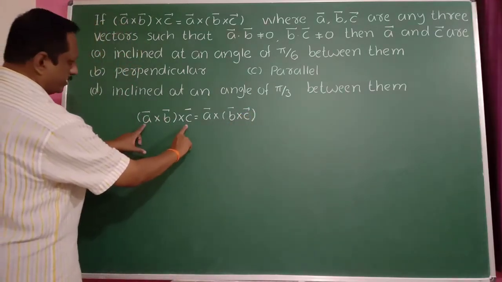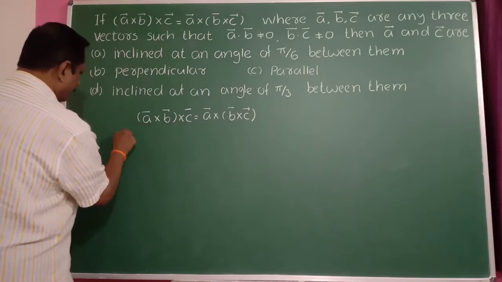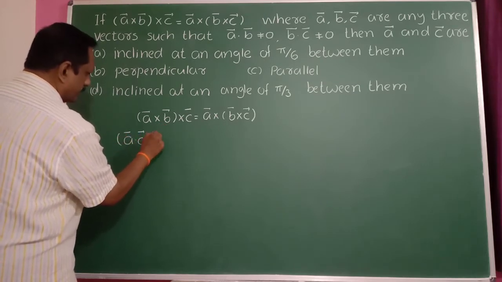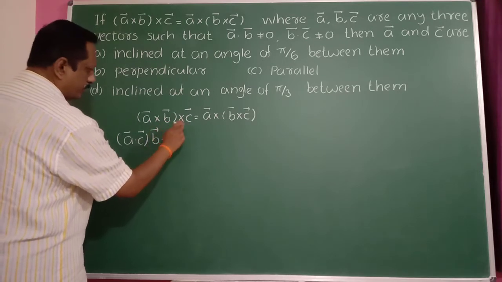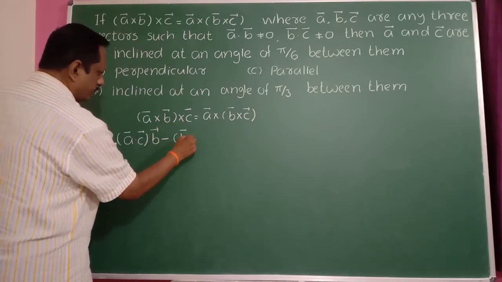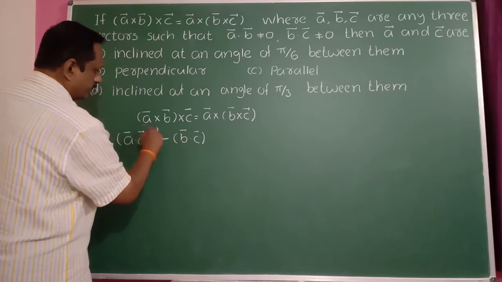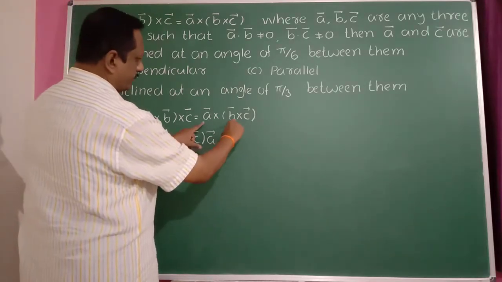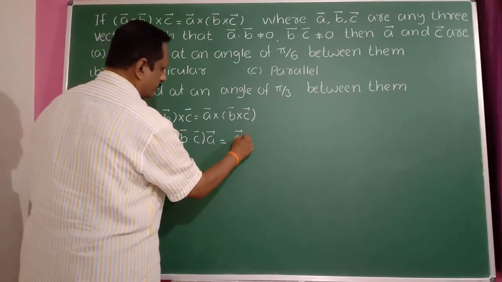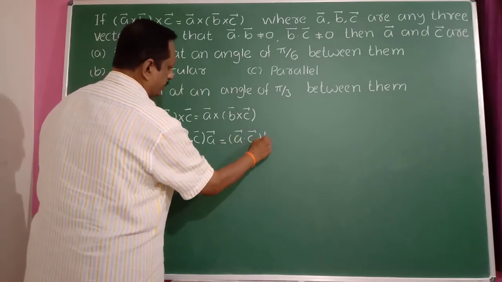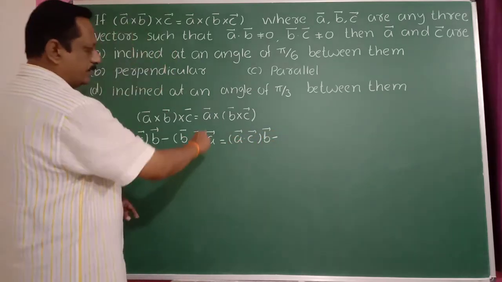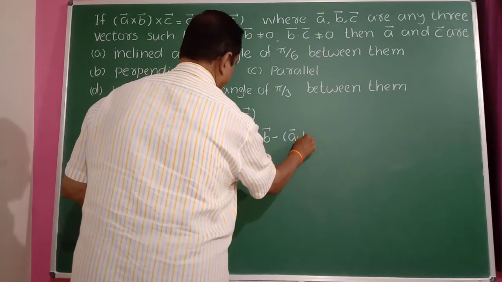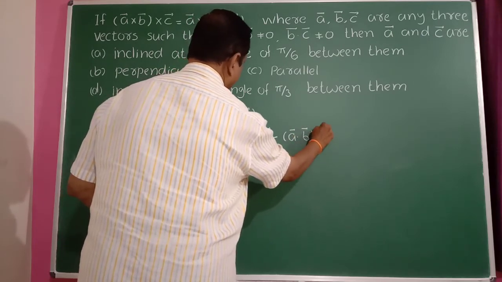According to that formula, (A bar dot C bar) into the vector B bar minus (B bar dot C bar) into the vector A bar is equal to (A bar dot C bar) into B bar minus (A bar dot B bar) into the vector C bar.